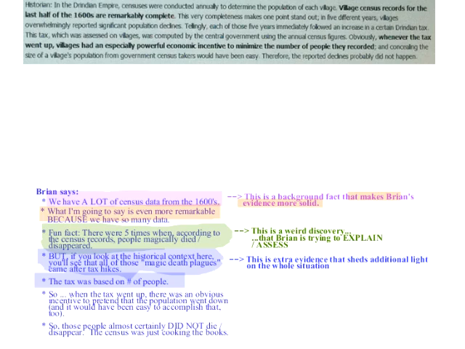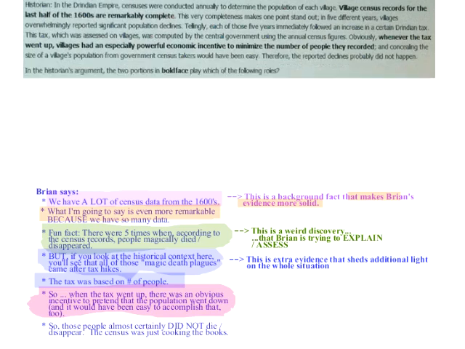Okay. Now what about this one? What color have I not used? Red. When the tax went up. What is that? Is this a fact, or is this something that Brian is concluding or claiming?